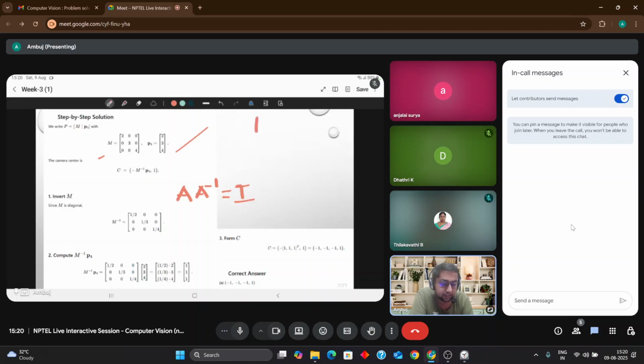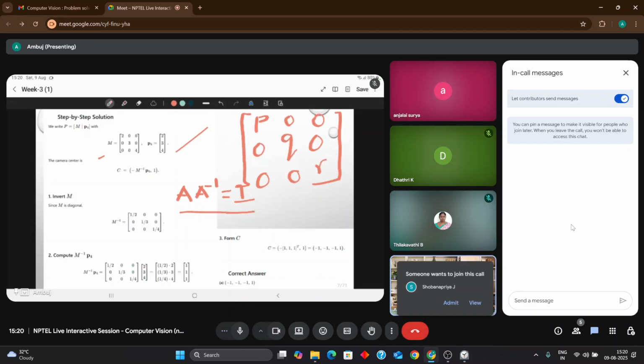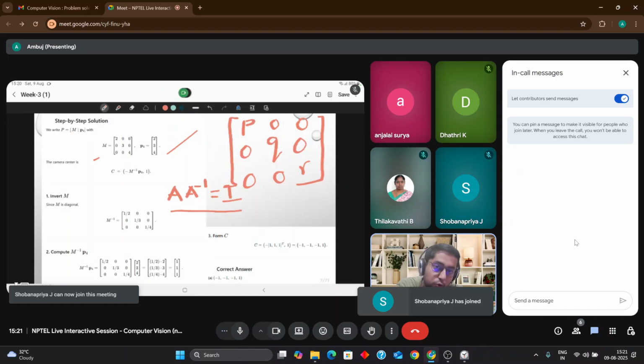If the matrix is a diagonal matrix with elements p, q, r on the diagonal and the rest 0, then from this formula you can calculate that the inverse will have 1 upon p, 1 upon q, 1 upon r, and the rest of the elements will be 0.